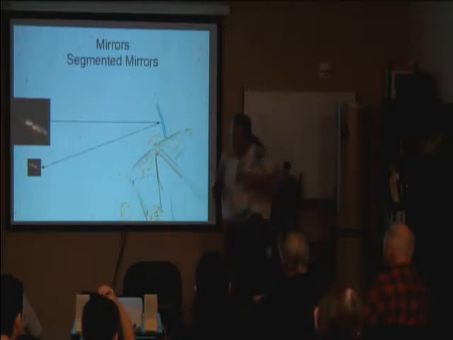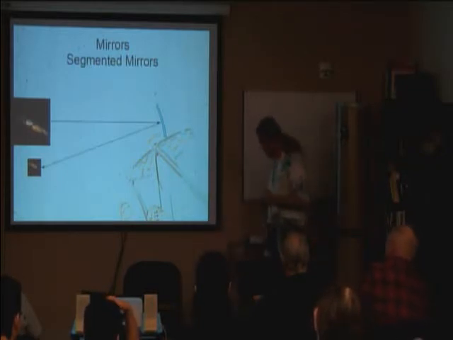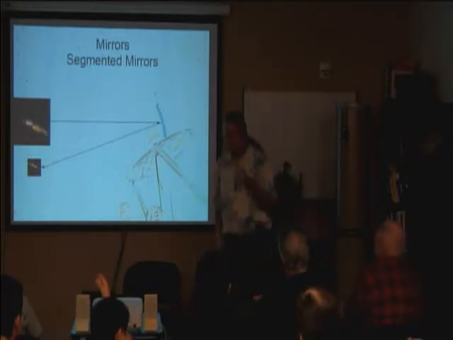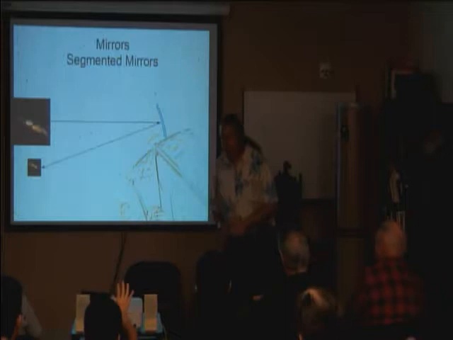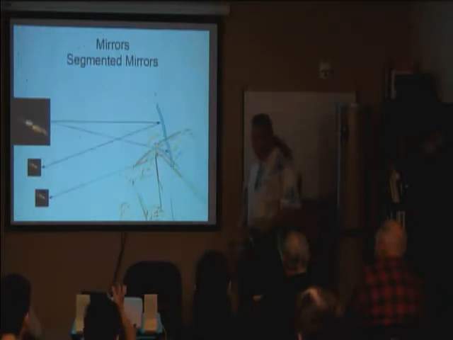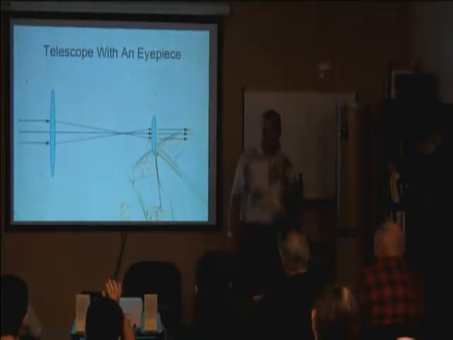Well, we could put another element in there that can flip it right side up. But really, already we're talking about something slightly different, right? We're talking about a telescope that we look through an eyepiece. Okay? So something like this.